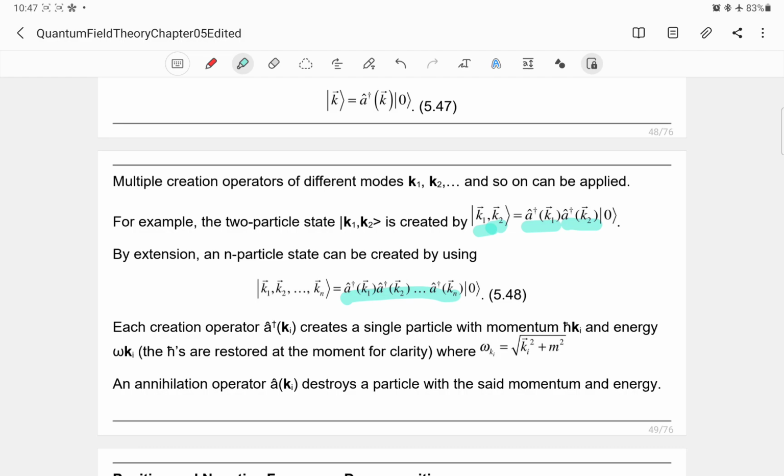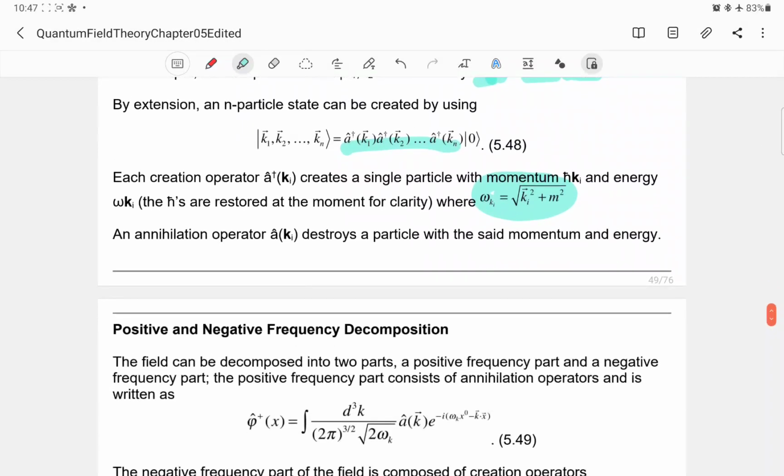So anyway, here you have omega equal to the square root of momentum squared plus the mass squared. So an annihilation operator a ki destroys a particle with the said momentum and energy.